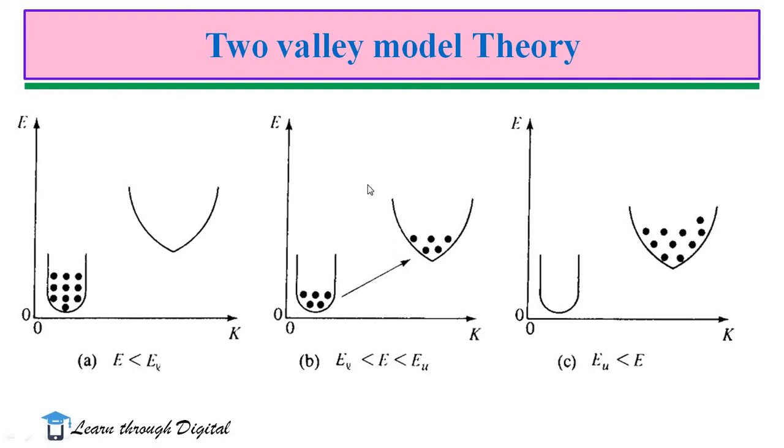The second, figure B: when the electric field is higher than that of the upper valley, all electrons will transfer to upper valley.